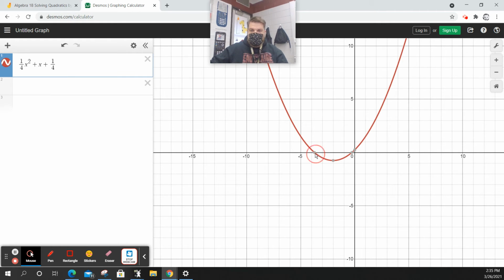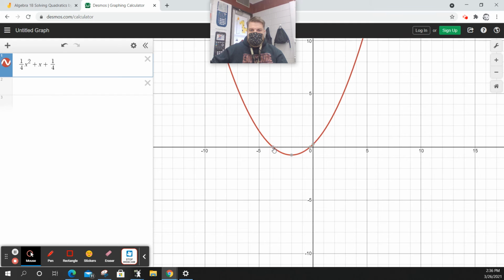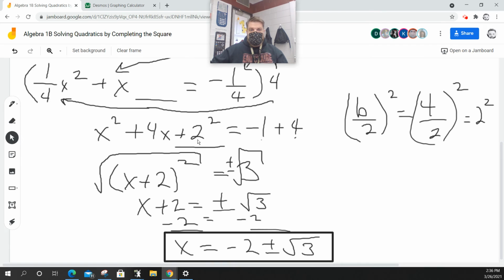Now I'm going to do this. That's negative that number and that number. And I'm going to scan this in the computer here. Let me get these highlighted again. And let's take a picture of that. We'll put that over here.